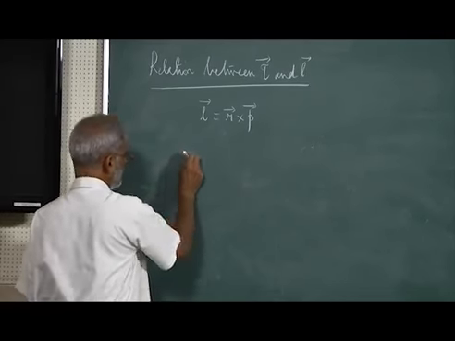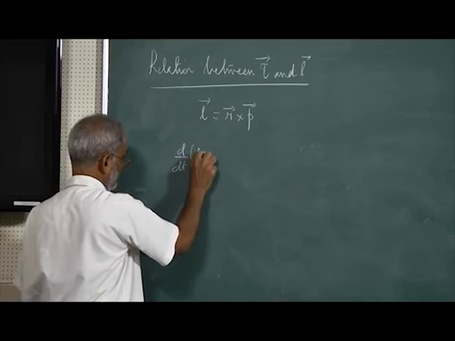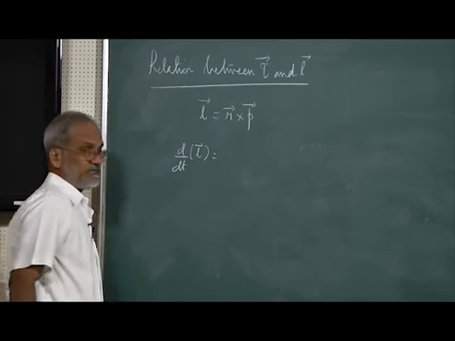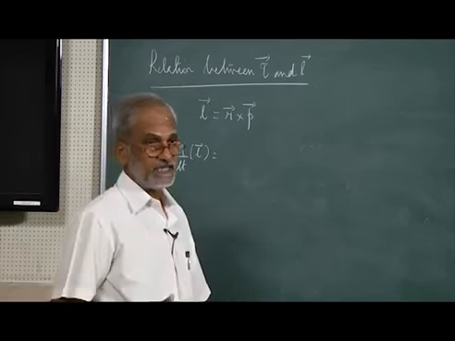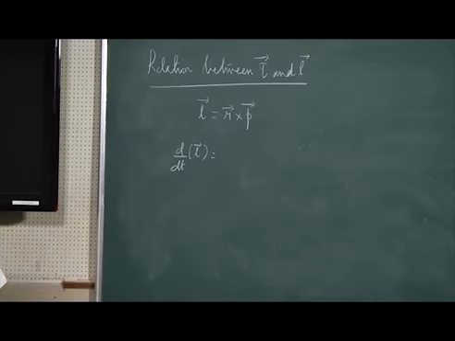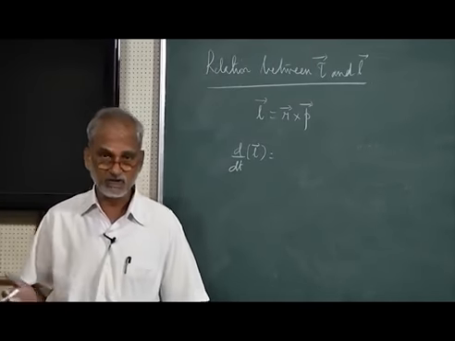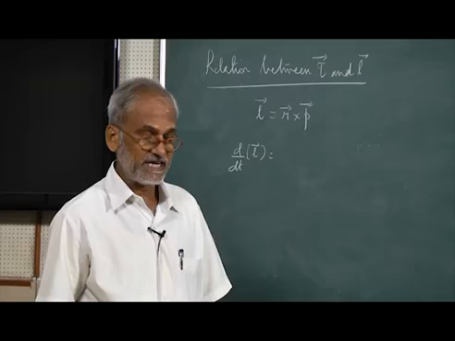So let us differentiate with respect to time. How is it justified, sir? In general, neither the position of the particle is going to be constant, it will vary, nor the momentum of the particle, which is also subject to change.